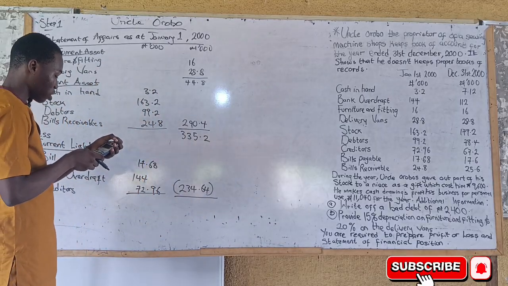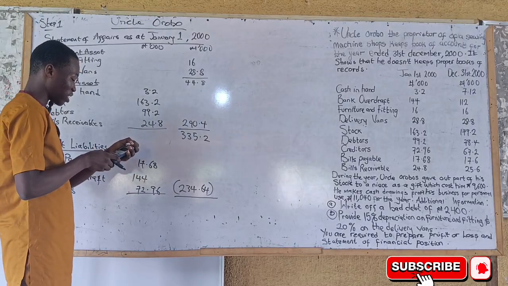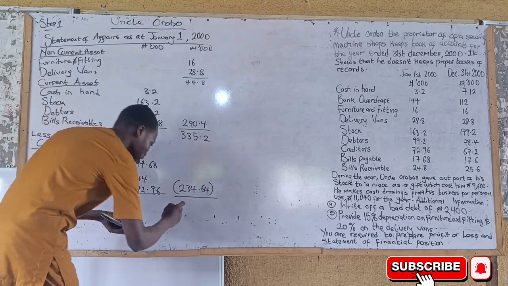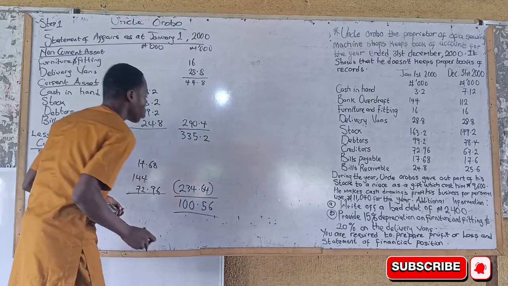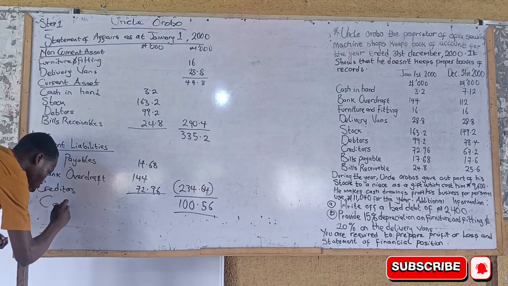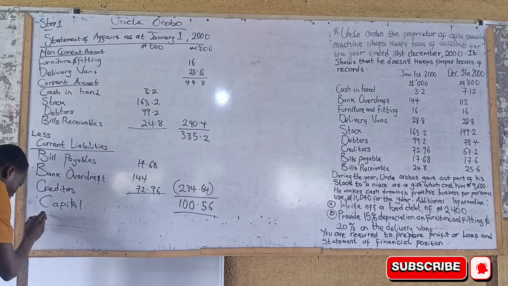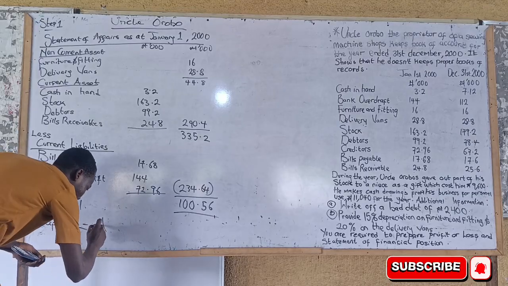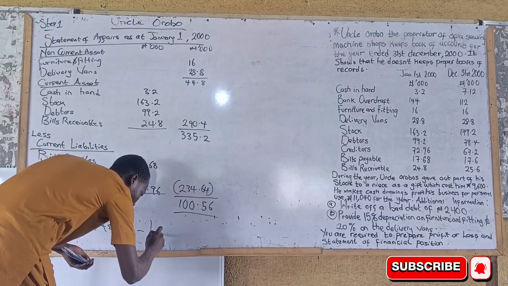Then we have 335.2 minus 234.64. That is 100.56. So the difference here is going to be the capital. Then you can write out the formula by saying that capital is equal to assets minus liabilities.